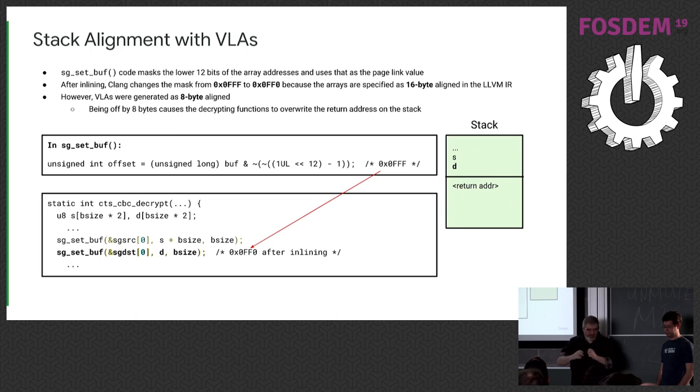So that was kind of an interesting bug to find. But the resolution is basically to specify the stack alignment on the command line, which, like I said, had been fixed by a patch probably last year or something like that. But it just hadn't made it into one of our LTS kernels yet.